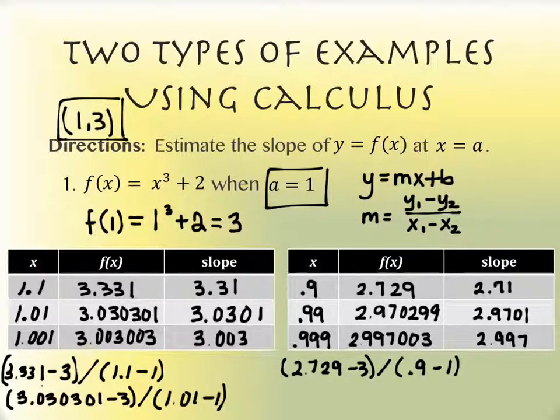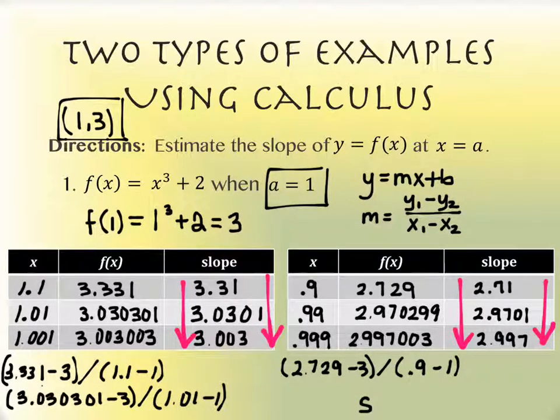What we're looking for is, as we go down the table, as the x and y values got closer and closer to our x and y value that we care about, x equals 1, y equals 3, what is our slope doing? In particular, as I go down the slope columns, what slope value does it appear, and this is an estimate because that's all we can do with numerical techniques, that my slope is getting close to? 3, which happens to be the y value, but that's just the way this particular problem worked out.